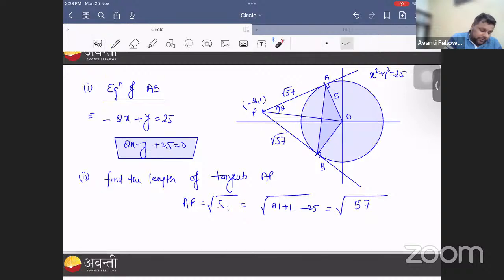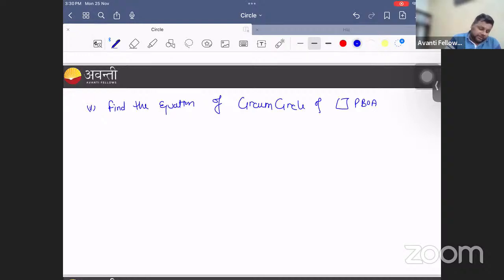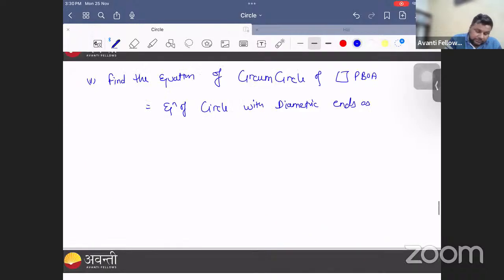That means any circle taken with OP as diameter will pass through A and B also, because angles in a semicircle are 90 degrees. So the equation of the circle through P, O, A, B is the equation of a circle with diametric ends as (-8, 1) and the other is the center of the circle, which I have taken as (0, 0) in this case.